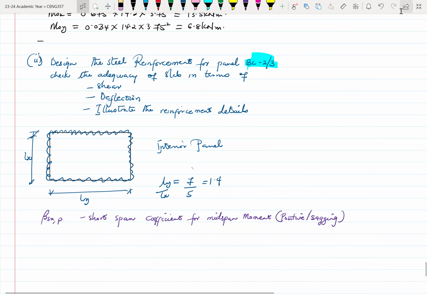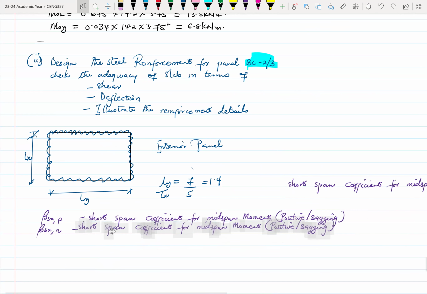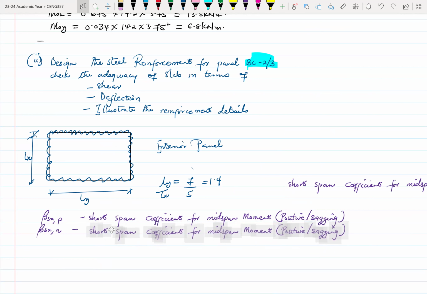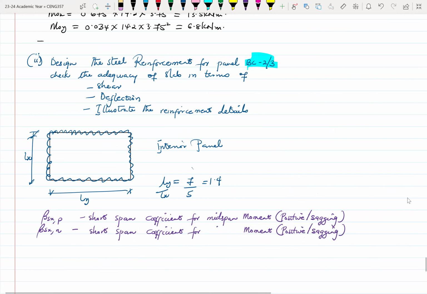Then we also have beta SX negative. This again will be the short span moment for the continuous edge.